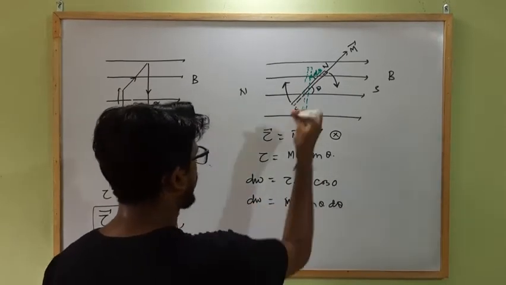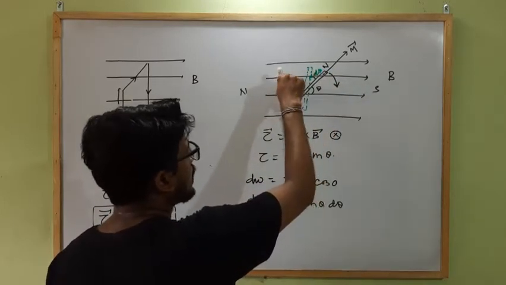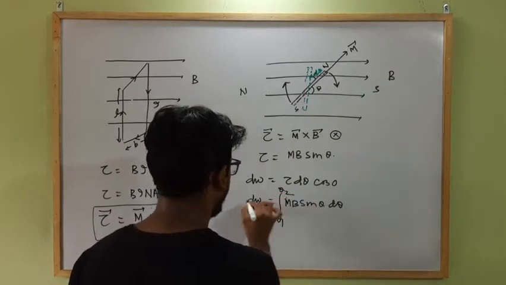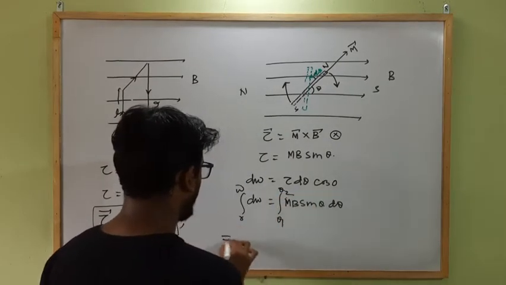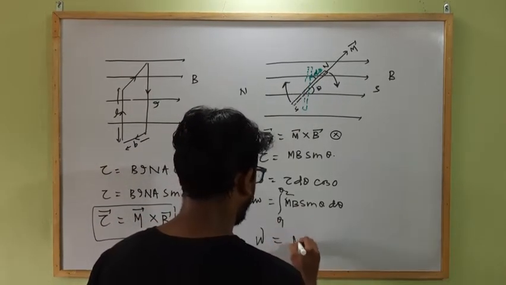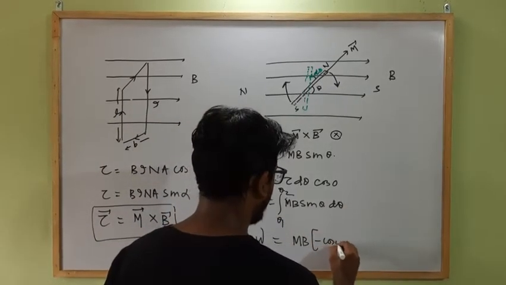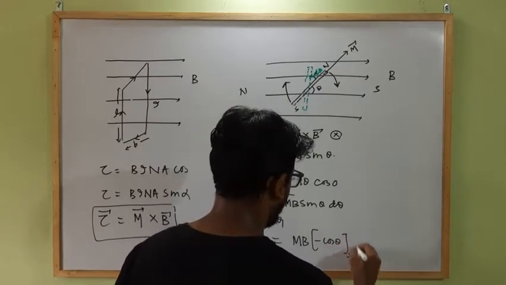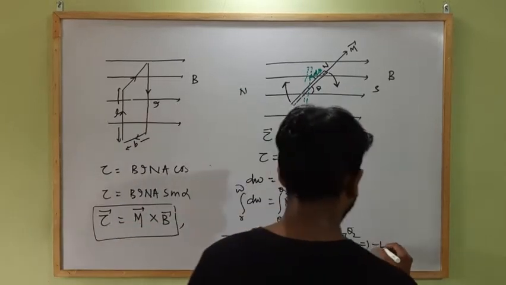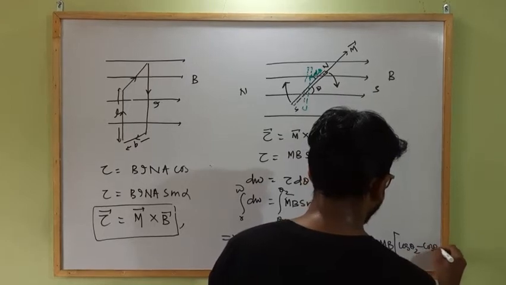So the total amount of work done by rotating this dipole from any place theta 1 to any further place theta 2 will be by integrating this from theta 1 to theta 2, from 0 to W. We already discussed it in classical magnetism. So the total work done W equals mB, taking out of the integration sin theta d theta, integration only minus cos theta from theta 1 to theta 2. Taking minus outside, it will be minus mB (cos theta 2 minus cos theta 1).